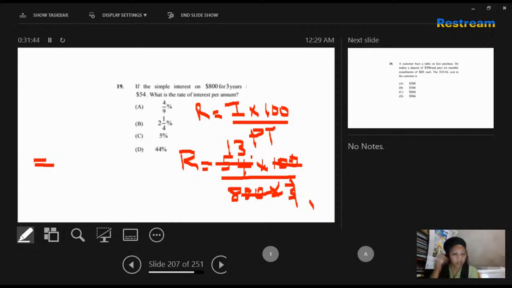Wait, let's double check something. Simple interest on $800 for 3 years is 54.